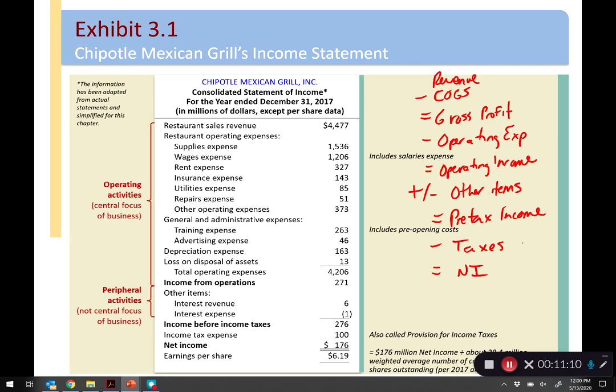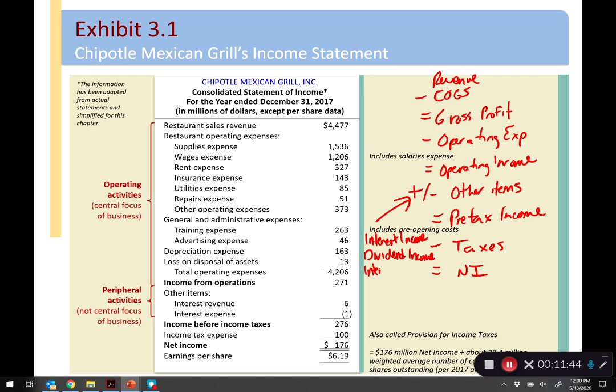The reason we want to get operating income and not include those other items is because operating income is what we could expect to happen in the future again and again. The other items, like selling the land, may be a one-time event and may not ever happen again. So what would be included in other items? Other items would include interest income, which results from just having money invested. Same with dividend income, results from having money invested.